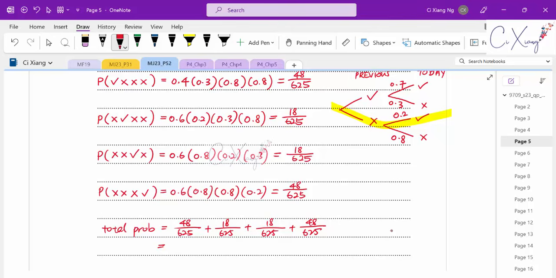Okay, so by right, if you didn't make any careless mistake, the answer should be 132 over 625. Or if you want, you can change it to a 3 significant figure answer, which is 0.211. Okay, so this is how we solve this question number 2.